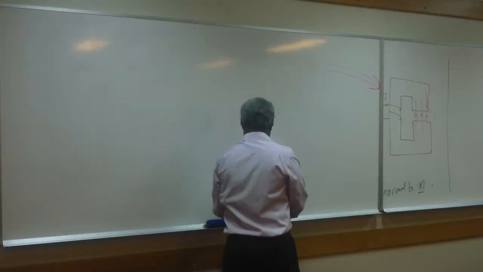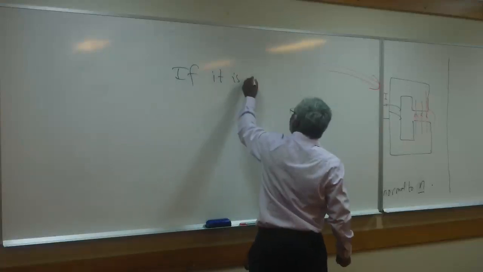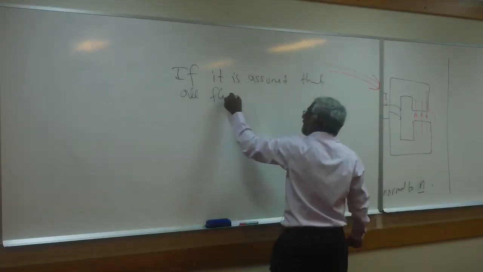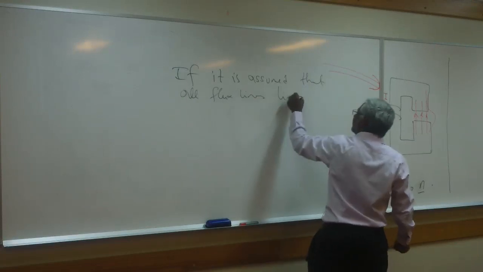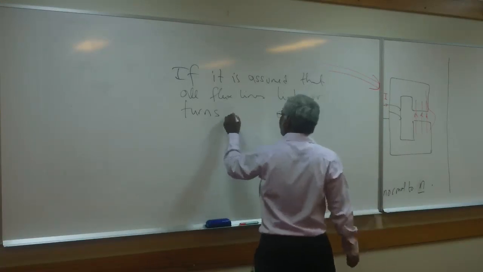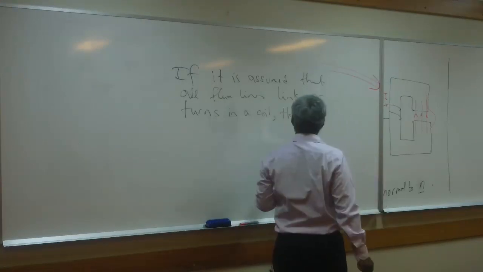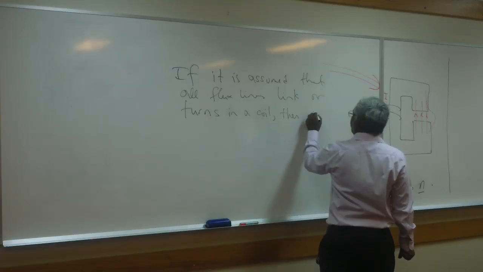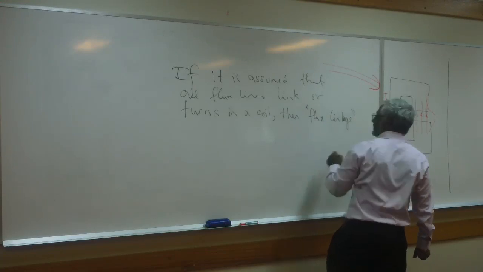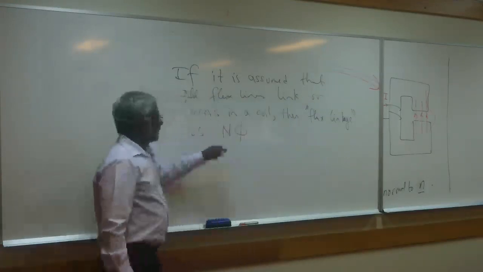So if it is assumed that all flux lines link all turns in a coil, then flux linkage is N times phi. So that's a term that people use.